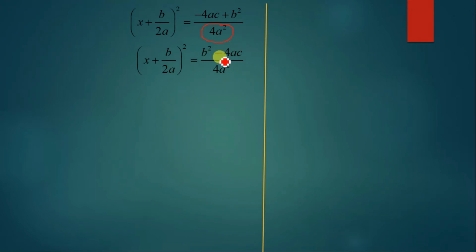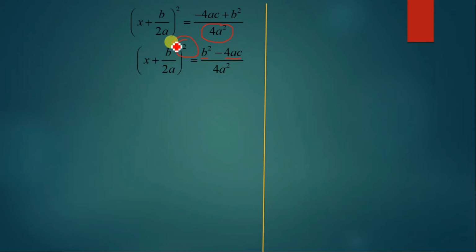I have just changed the places of these two terms, as addition is a commutative binary operation, so I can write it as b squared minus 4ac upon 4a squared.